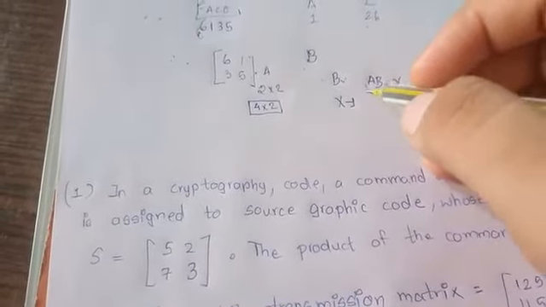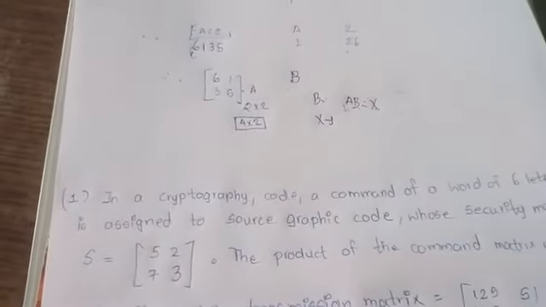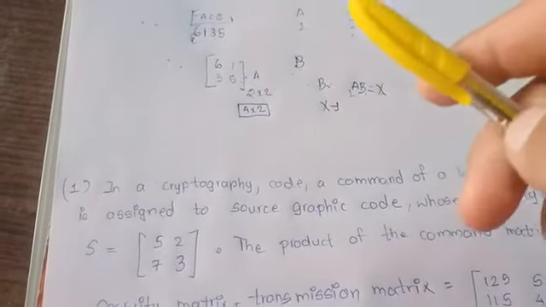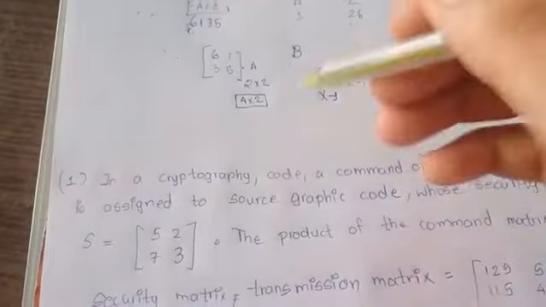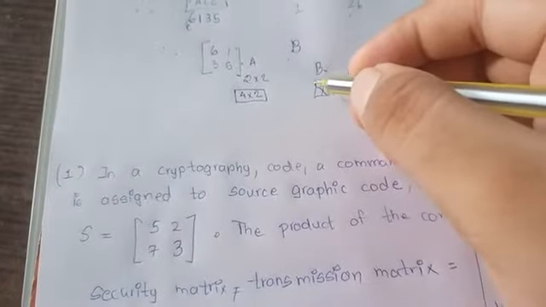When these two multiply, we get a resultant matrix X. Now the data is transferred in the form of the resultant matrix, which is the transmission matrix. That's why it is called a transmission matrix.